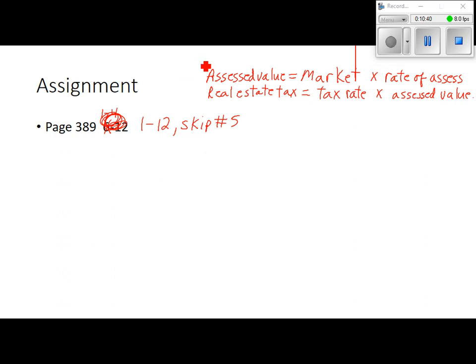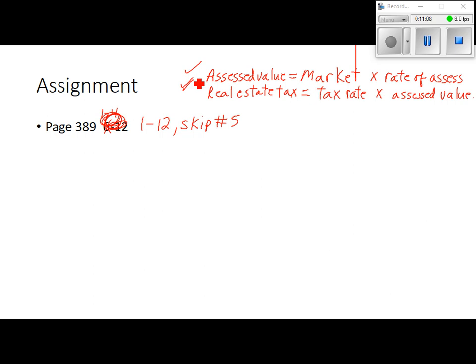I put the two formulas up here that we need. Problems 1, 2, and 3 just break it down. When you get to 4 and 6 through 12, you're going to have 3 parts to each problem.